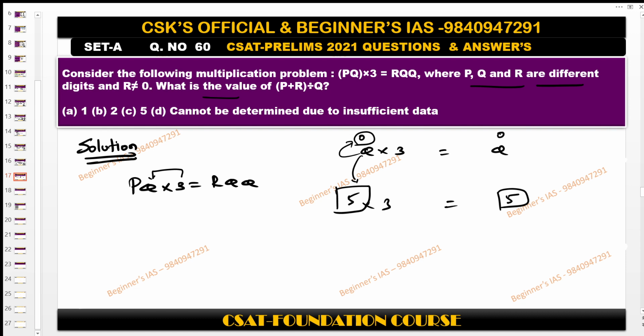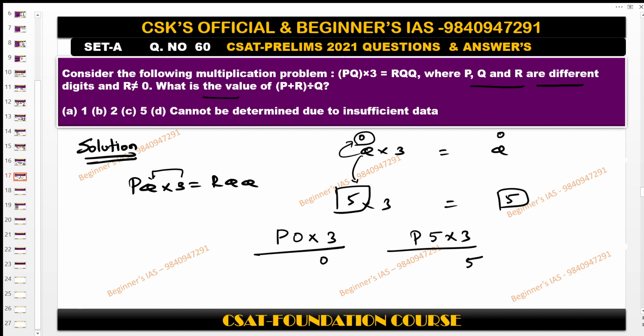So now what I'm going to do is take P here, then 0 here, and multiply. Listen carefully. Now with 5 here and 3 here, I'm getting 5 here. Now the value depends on P. So you have found two values for Q. Let us check P here.